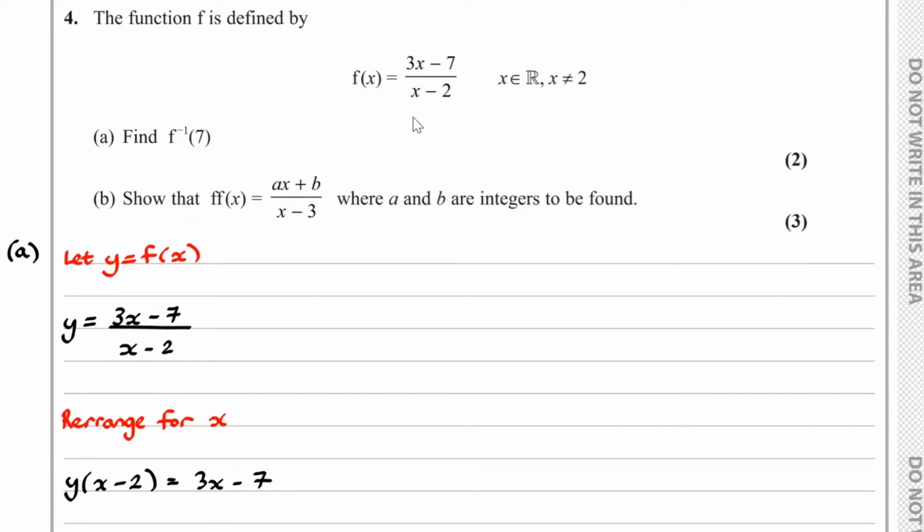So for this question, we would have to replace the x with (3x minus 7) over (x minus 2).